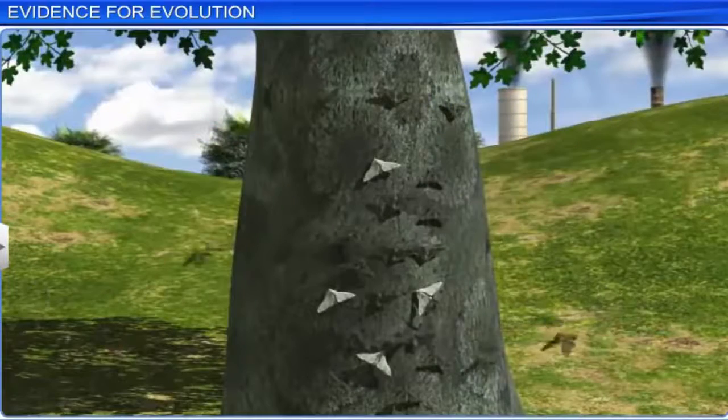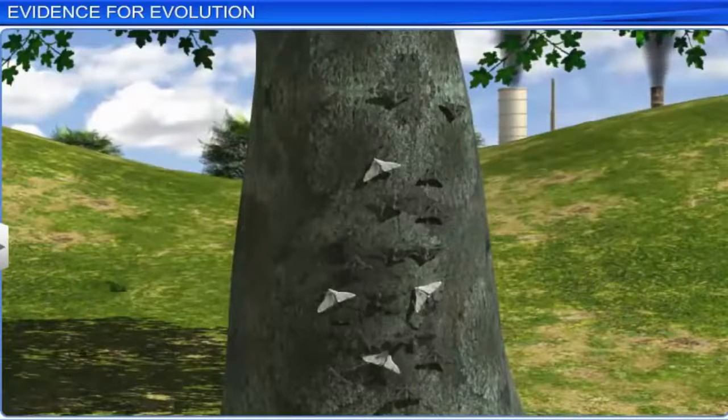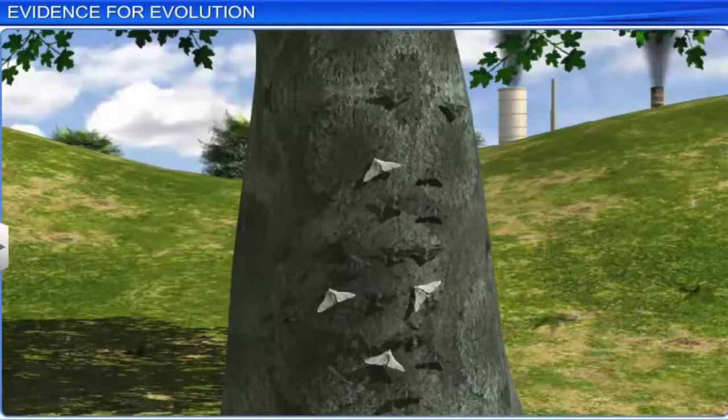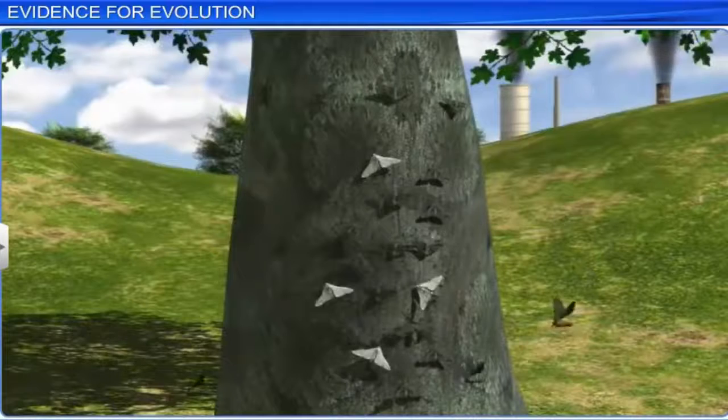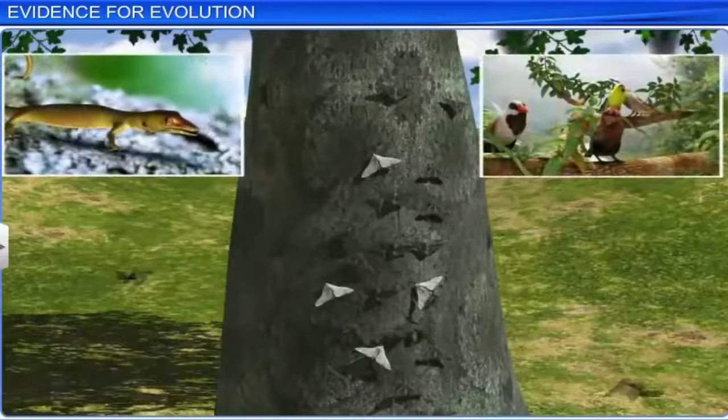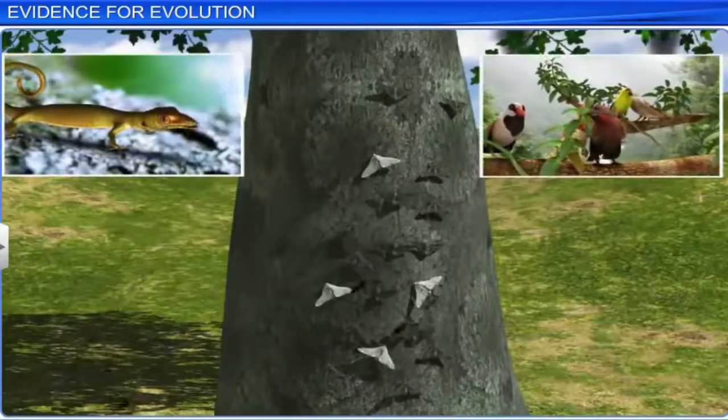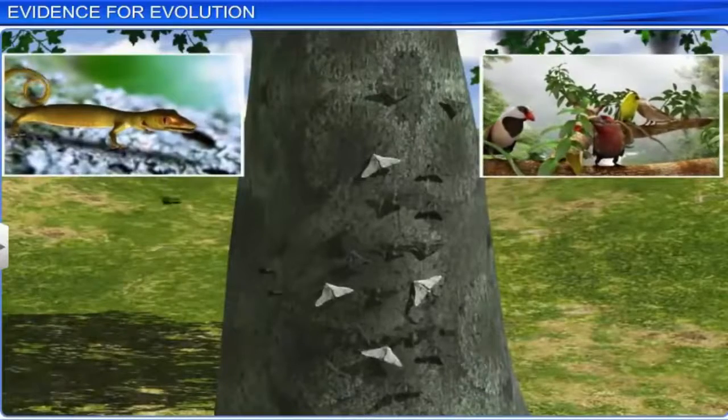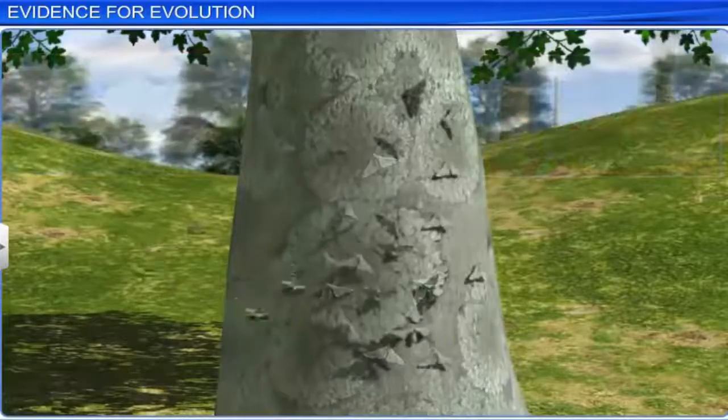This created perfect conditions for the growth of dark-winged moths, as they could not be spotted easily on the dark surfaces now. Meanwhile, the white-winged moths could be easily noticed by predators, and as a result, their numbers shrunk.